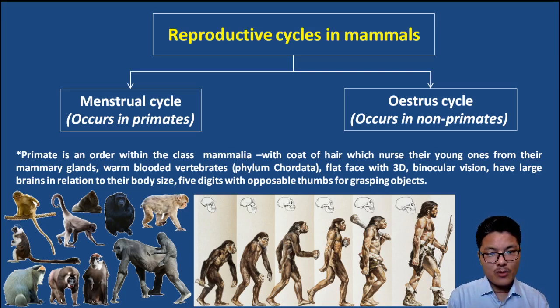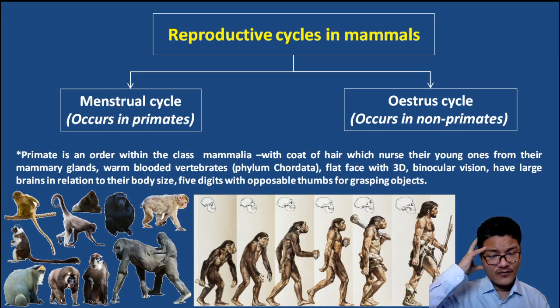They are supported mainly by the backbone, so they are also categorized under the phylum Chordata. We have a flat face, and we are able to see objects three-dimensionally. We have two eyes through which we see objects, so that is binocular vision.